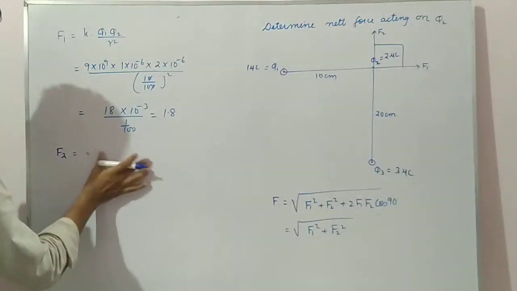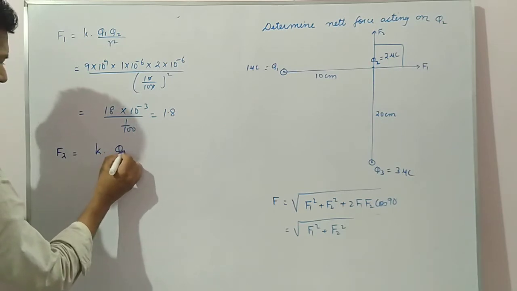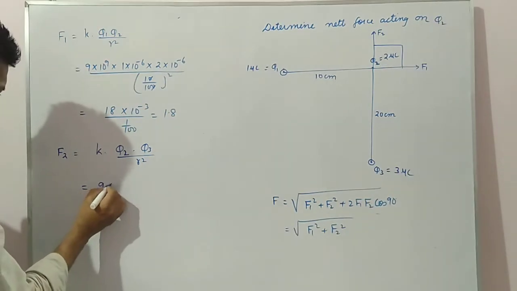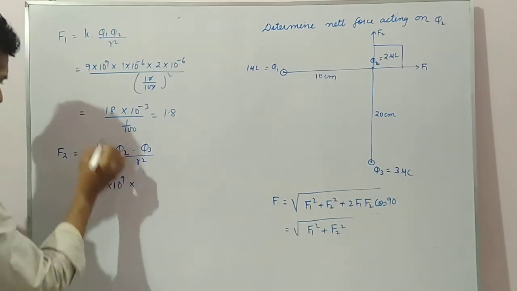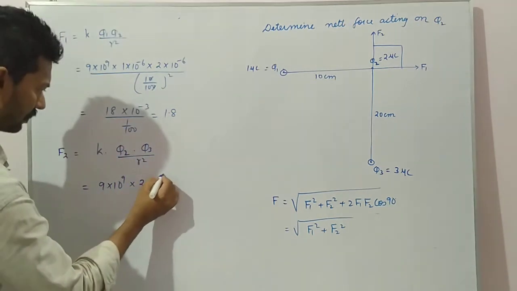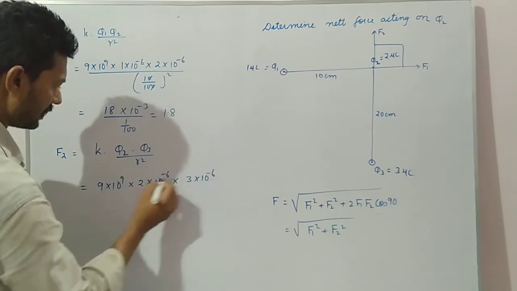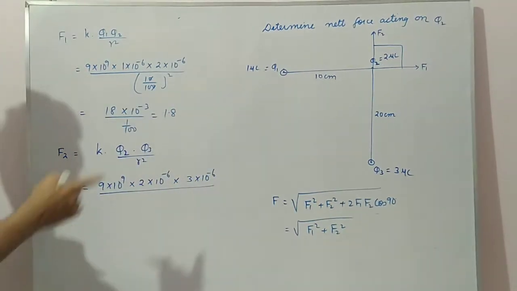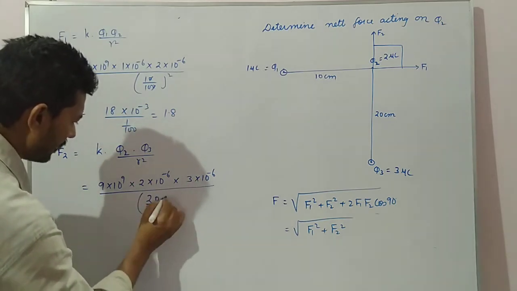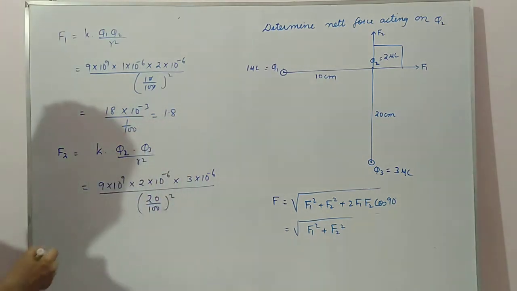Again, F2 is K Q2 Q3 by R square: 9 into 10 to the power 9, Q2 is 2 into 10 to the power minus 6, Q3 is 3 into 10 to the power minus 6, by R, that is 20 centimeters, so it can be written as 20 by 100 the whole square. 9 into 2, 18. 18 into 3, 54.